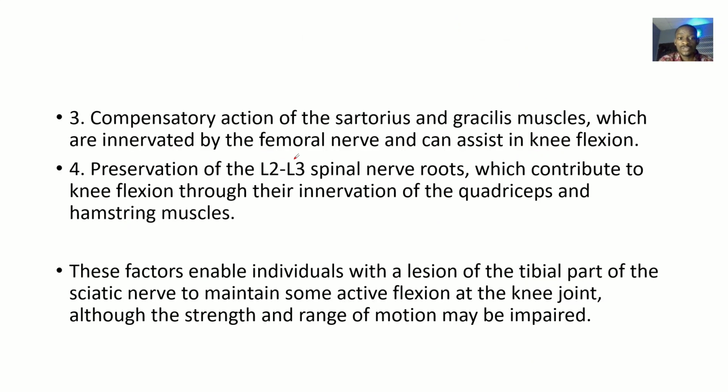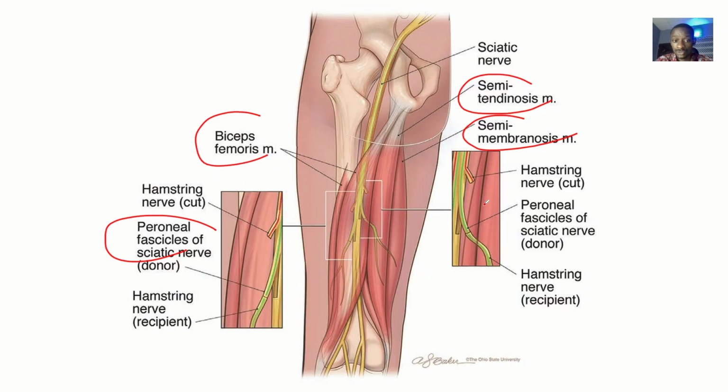Okay, now the third to the last one. We said that there are also some compensatory actions by the sartorius and gracilis muscles, which are innervated by the femoral nerve, and this can assist in knee flexion too. There's also preservation of the L2 to L3 spinal segments or roots. These too contribute to knee flexion through their innervation of the quadriceps and the hamstring muscles.